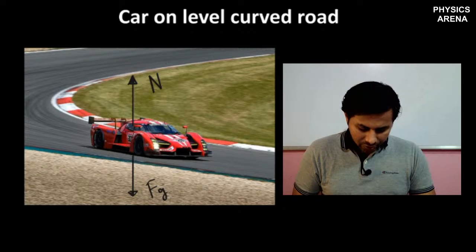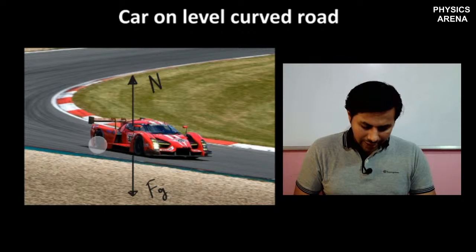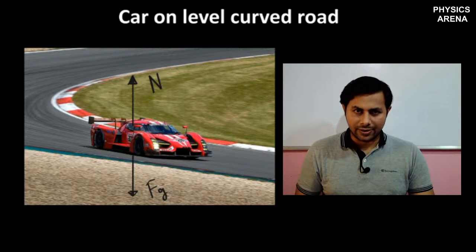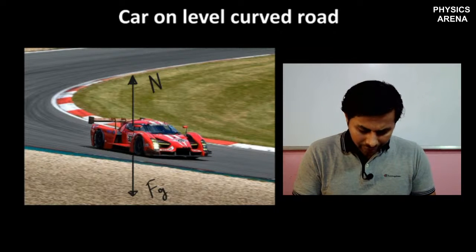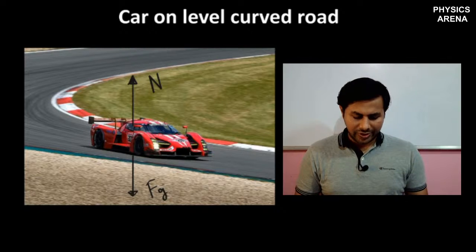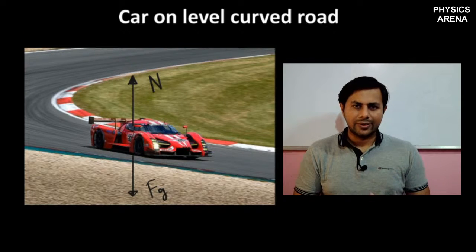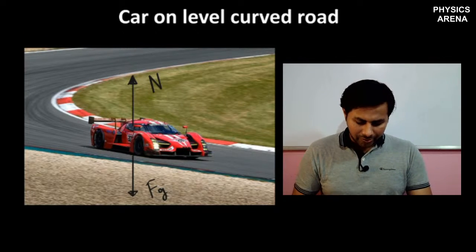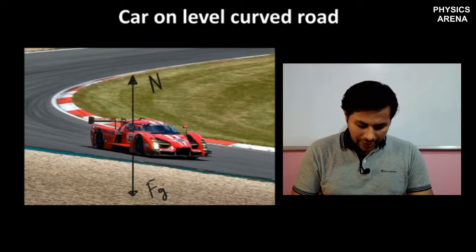Due to that centrifugal force, what will happen? The car will skid away from the center. To keep this car on the track, we need another force, which will provide the centripetal force, and that force is the friction.